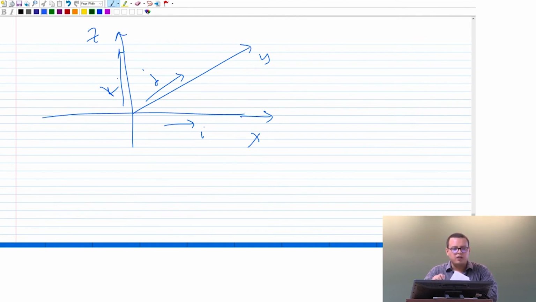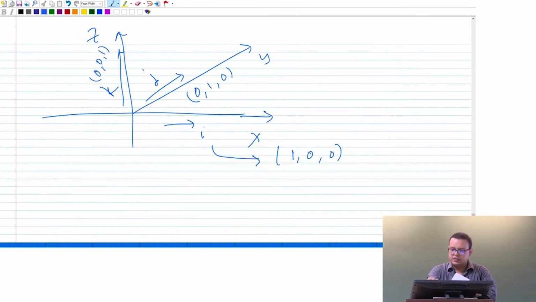Are they dependent or independent in R3? They are independent. So, verify. Since vectors are unit vectors, take I to be 1 0 0, this one is 0 1 0, this is 0 0 1.